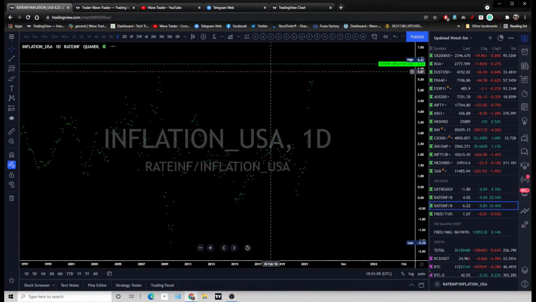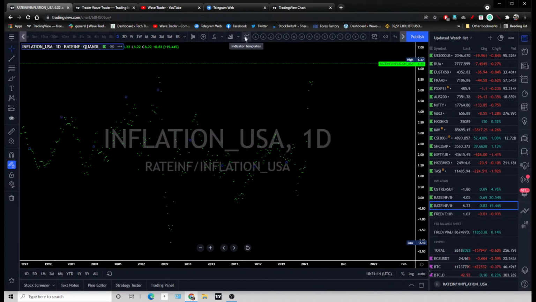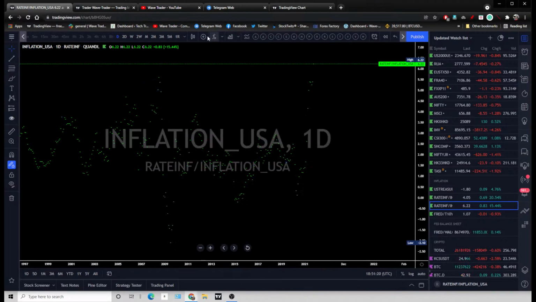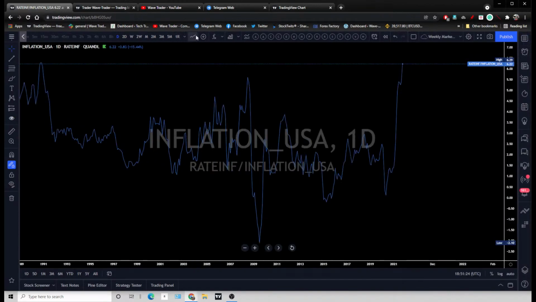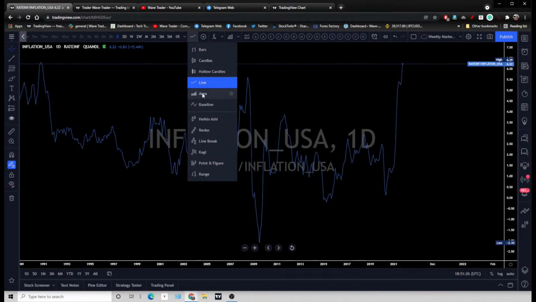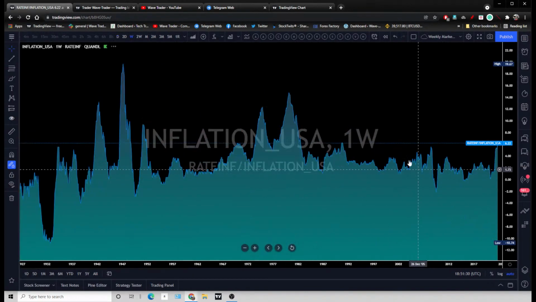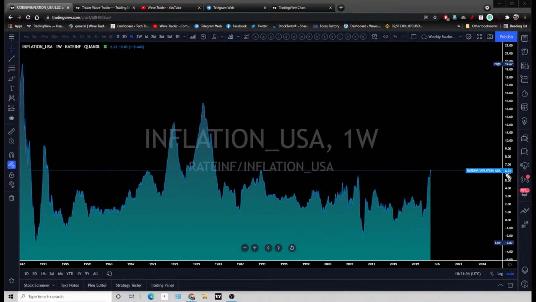There is the inflation chart. Let's change that. There is the line chart, or let's use the histogram. Area is going to be much easier to understand. So there is the inflation at 6%.